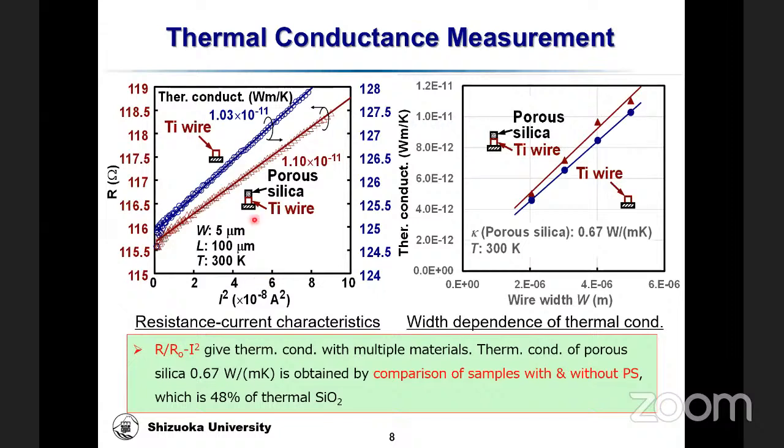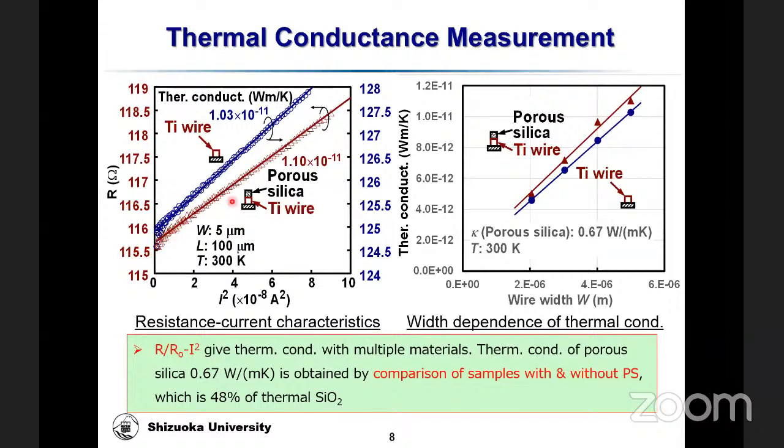And this slide shows the DC direct current measurement of resistance with respect to square of the current. Because heating power by the current is proportional to the square of the current, and also the change of the temperature is reflected to the change of the resistance through the temperature coefficient of resistance.